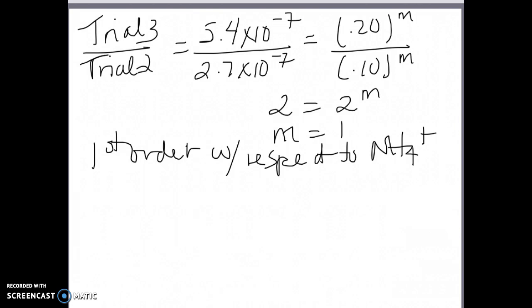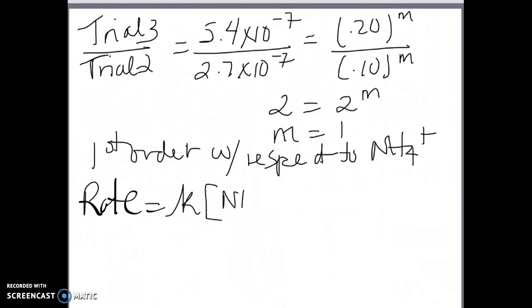Now there's something also called the overall order, and you can get the overall order by adding up all the orders that are in the rate law expression. So if I'm writing this rate law expression, rate law is equal to k times the concentration of the ammonium ion to the first order times the concentration of the NO2 minus ion to the first order.